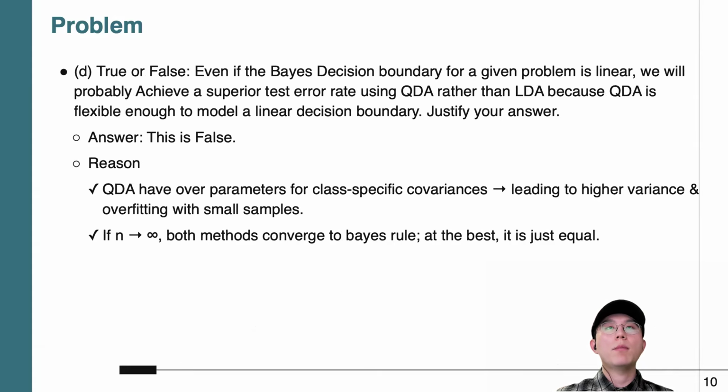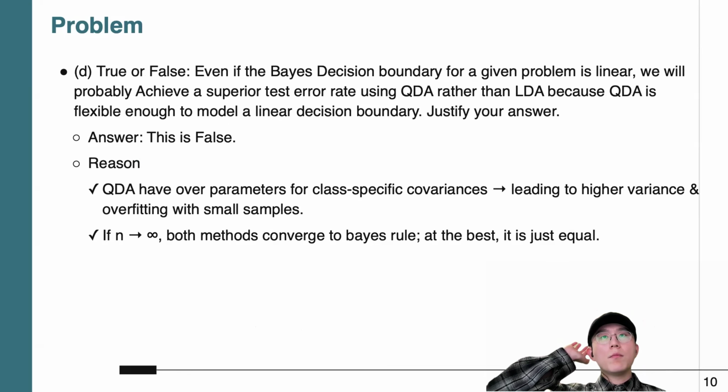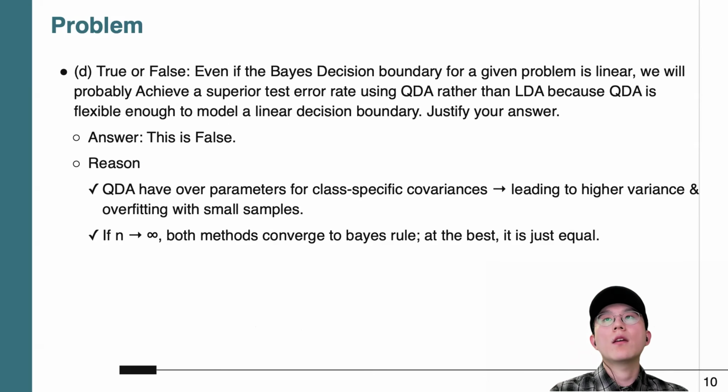Finally, problem D. True or false: even with a linear Bayesian boundary, QDA probably has a better test error. My answer is false.